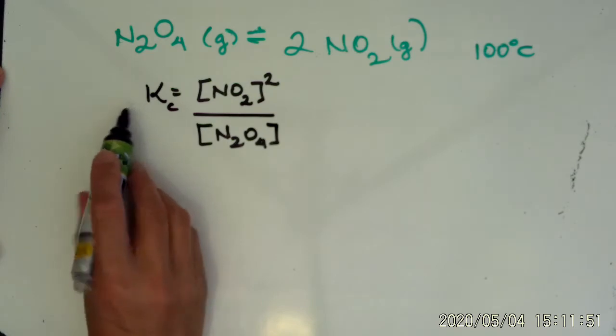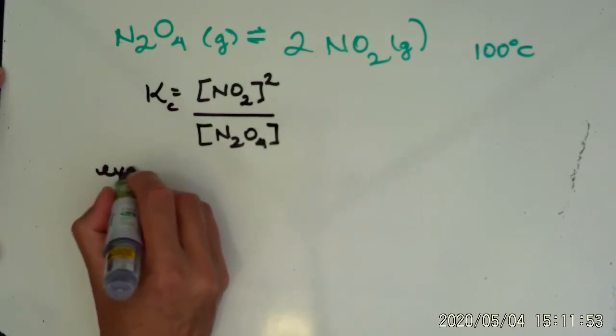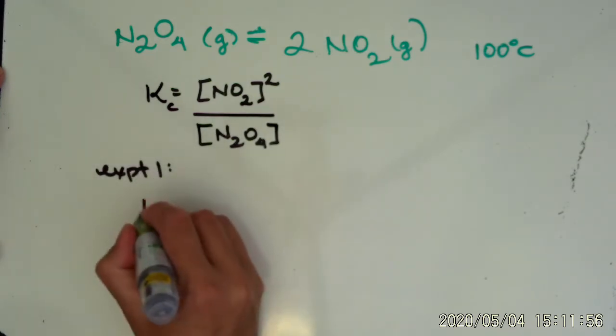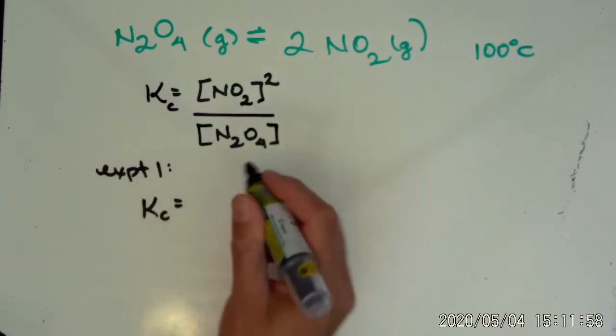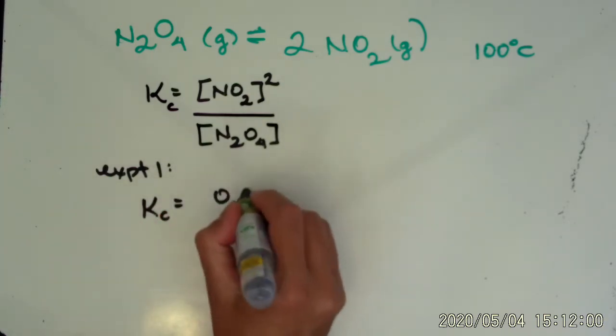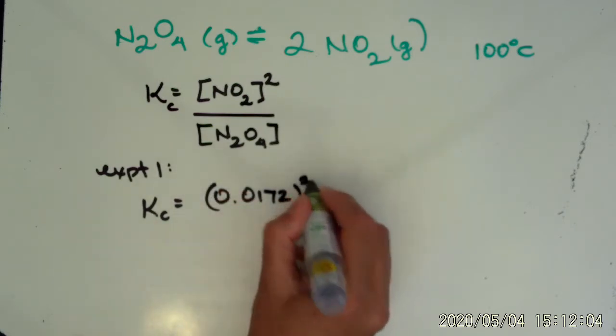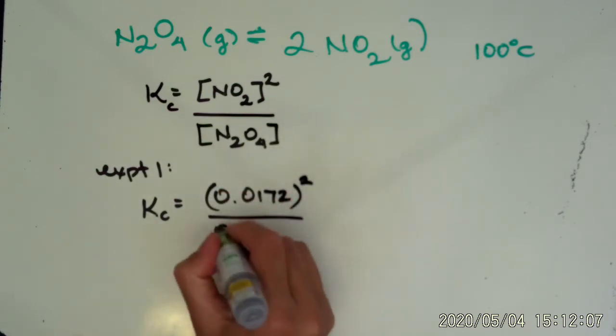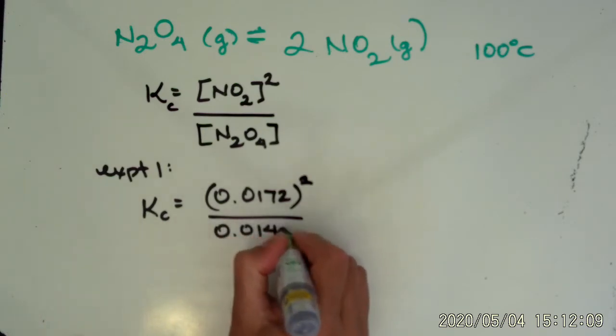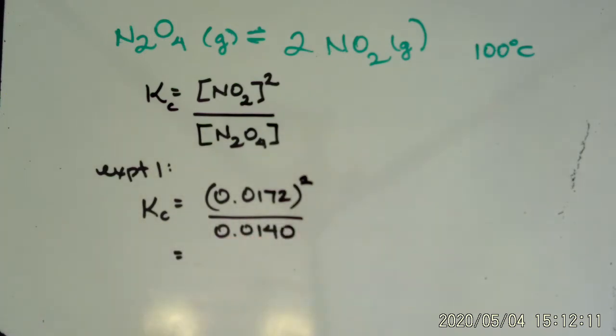So we're going to evaluate K. For experiment 1, our K is going to be equal to 0.0172 squared over 0.0140.